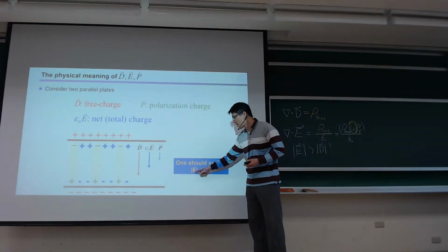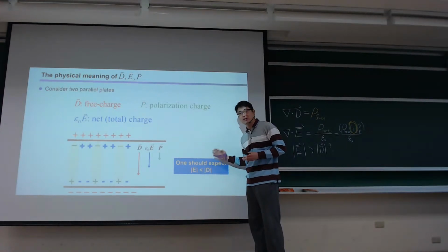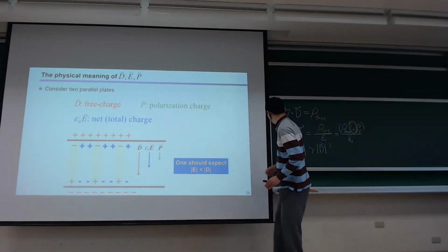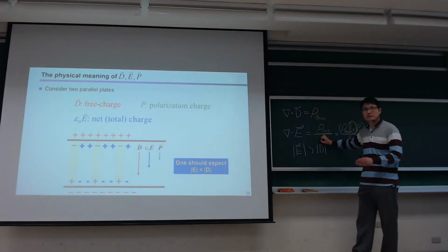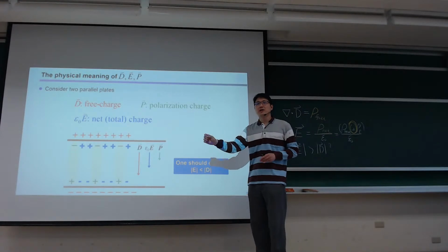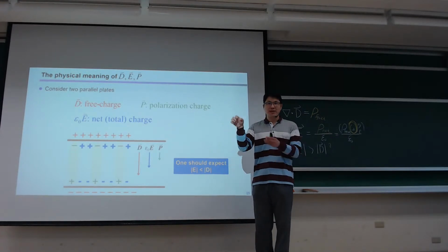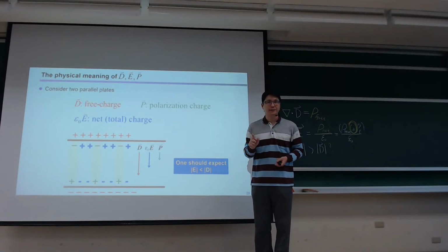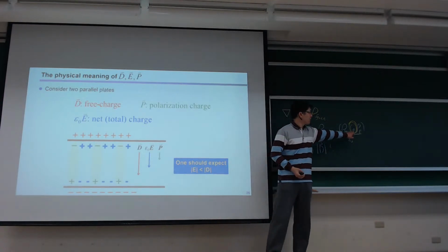So this E absolute value is smaller than D. We don't care about this constant for now. Induced dipoles are there to make the field strength inside the material weaker. So do not be fooled by this plus sign.